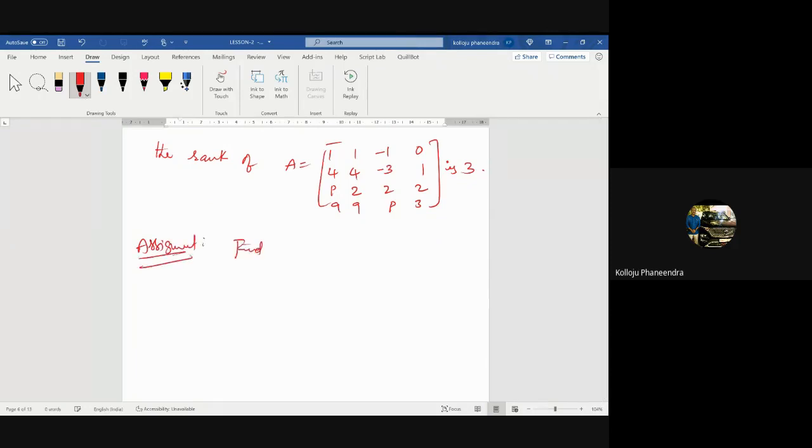Find the rank of, you try. Find the rank of, first problem, A equal to 3, 1, 7; 1, 2, 4; 4, minus 1, 7.